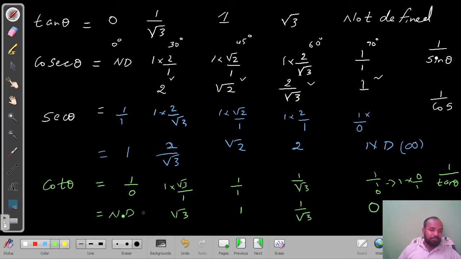Check with your table, is it correct or not? Cot 0 degrees is not defined, it is right. Cot 30 is root 3, it is also correct. Cot 45 is 1, cot 60 is 1 by root 3, and your cot 90 is 0.